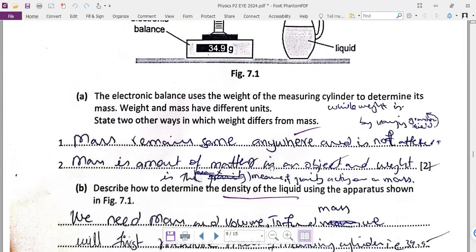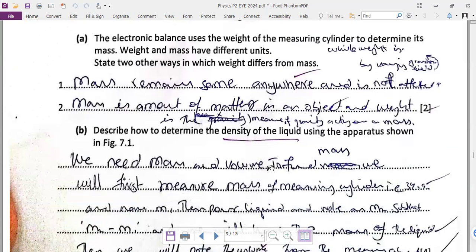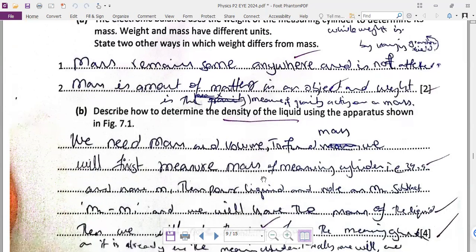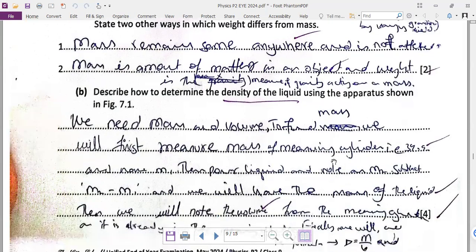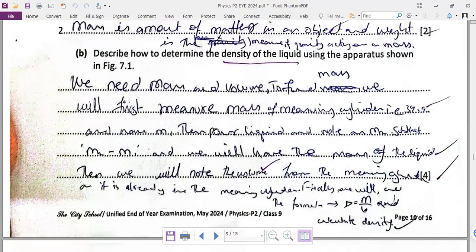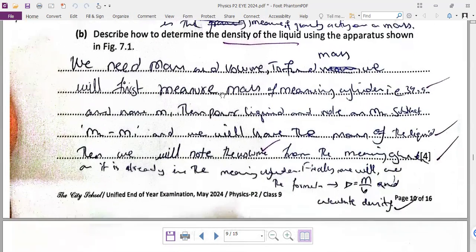Mass is the amount of matter and weight is the force acting due to mass. How to determine the density, 4 points, and you know very well, we've done this a lot of times. You can read this. It's all very good. All the ticks mean all the key points have been mentioned.